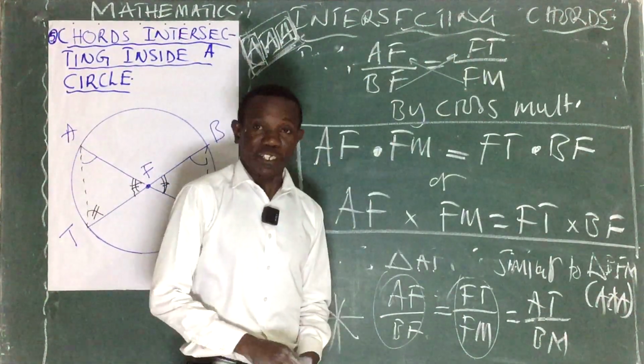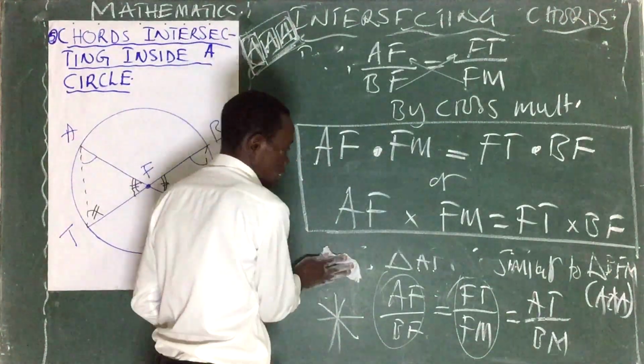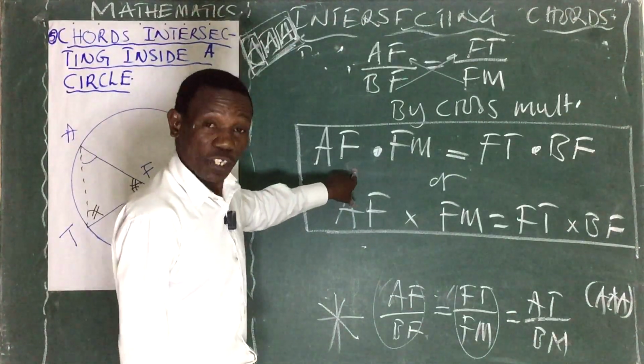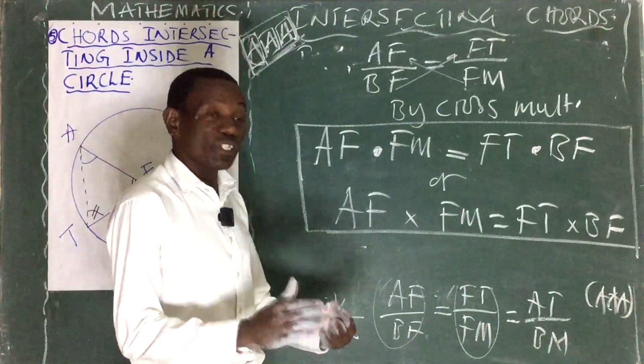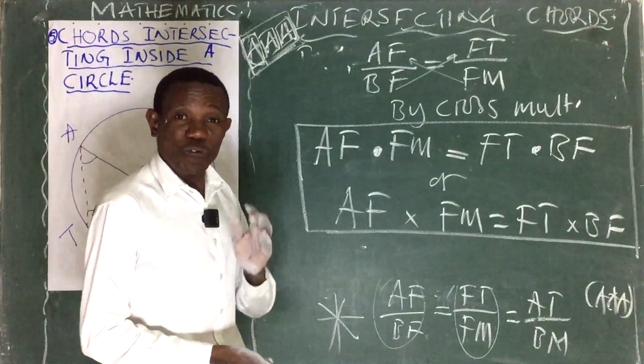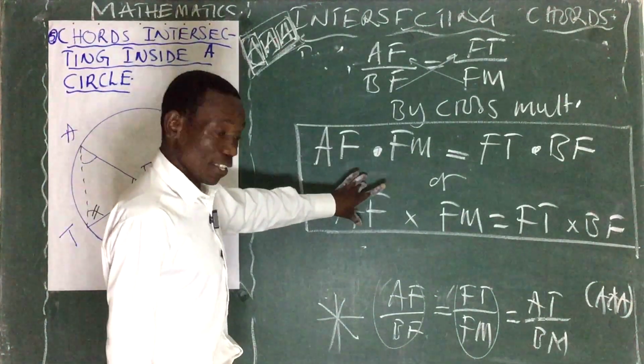So our expectation is this. Every time chords intersect inside the circle, we expect this relationship. The chords split each other into 4 parts, and the 4 parts are related like this.